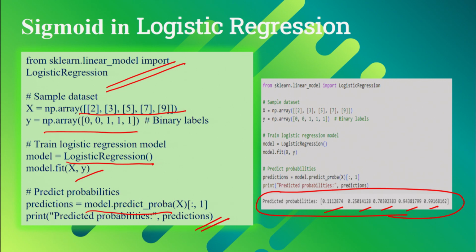Hence, using logistic regression we analyzed that for the input labels we considered, 0, 0, 1, 1, 1, the predicted probabilities are nearly the same, and it has predicted the values almost exactly. Hence we have just modeled, using the function, how the sigmoid is used in logistic regression.